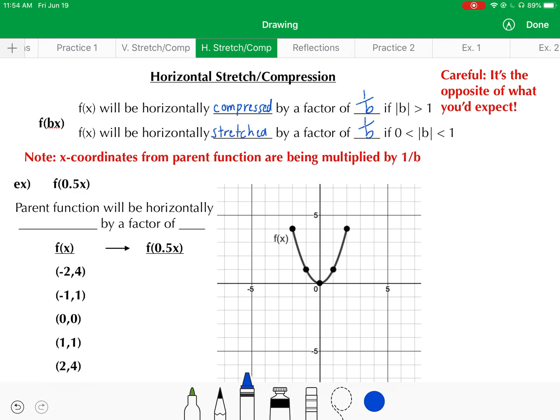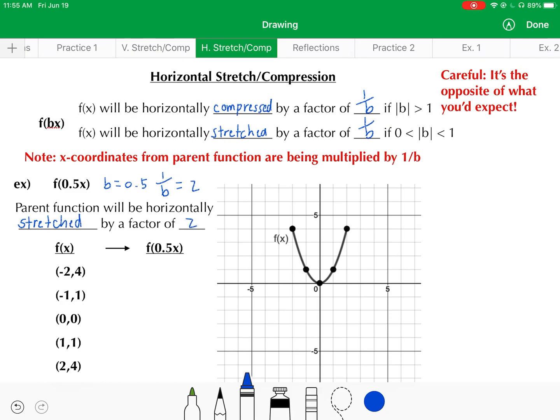Okay, all right, so here our example is f of 0.5x. So obviously b is 0.5 here, and that means 1 over b would be 2. Okay, so our parent function is going to be horizontally stretched in this case by a factor of 2.